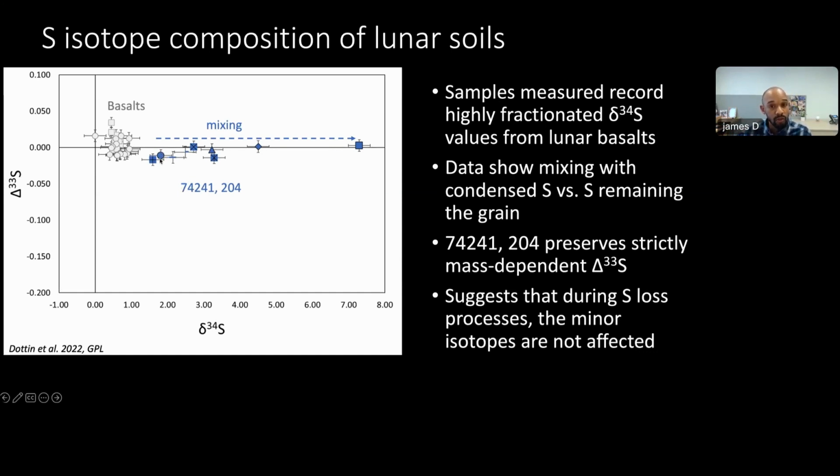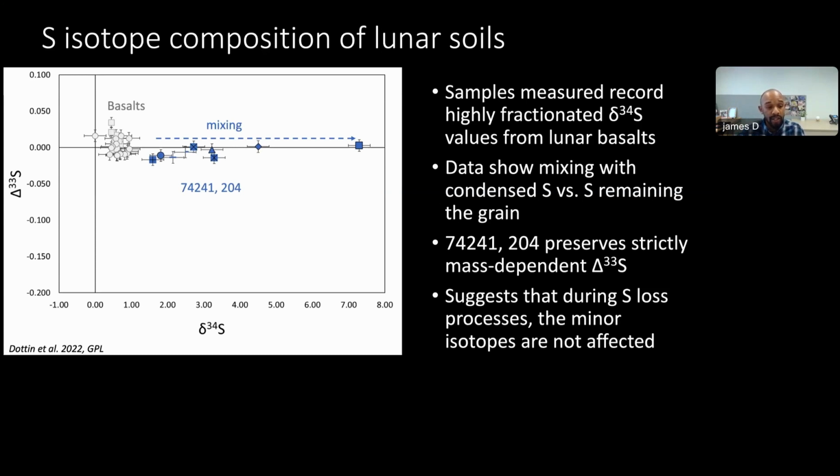But what we don't see is any evidence of a photochemical reaction that must have occurred for the condensed layer of vapor. And so what this tells us is that during this process of sulfur loss, even though it is a kinetic mass-dependent fractionation, it's not necessarily a process that's going to shift the cap delta 33S.